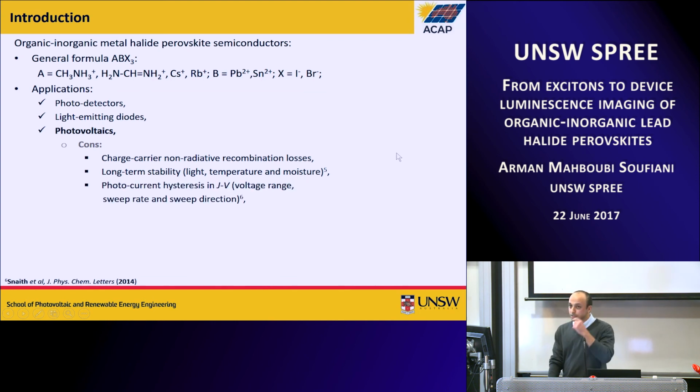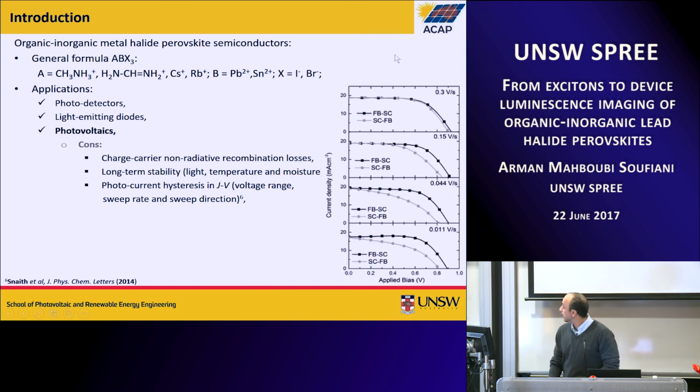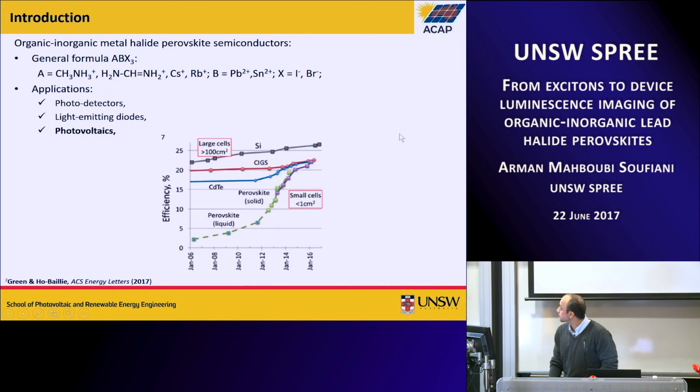Also, photocurrent hysteresis occurs in these materials and the devices fabricated from the perovskites. By this, I mean by changing the voltage range that you measure the IV, by changing the voltage sweep rate and also sweep direction, you might end up with different IV curves, as you can see here. By changing the sweep rate, you'll have different IV, and also by choosing a different direction, the IV curve changes.